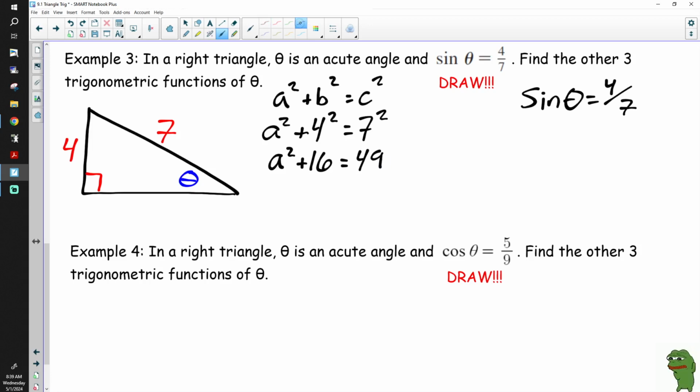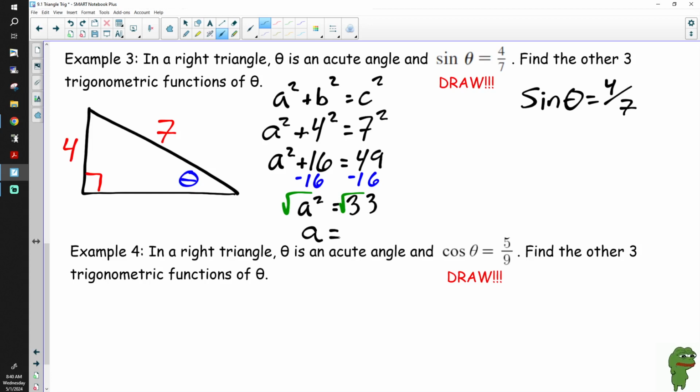If I subtract 16 over, I'll be left with A squared equals 33. This is what A squared equals. I want to know what A equals. So last but not least, I take the square root of both sides. A equals the square root of 33.